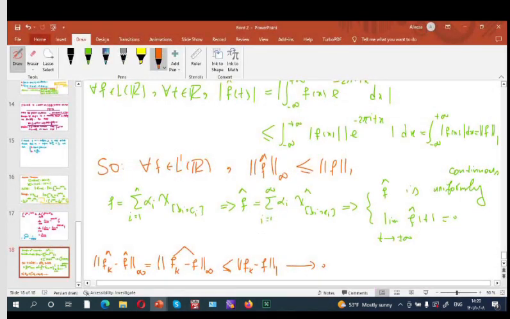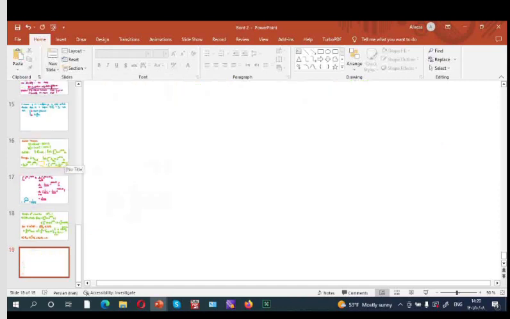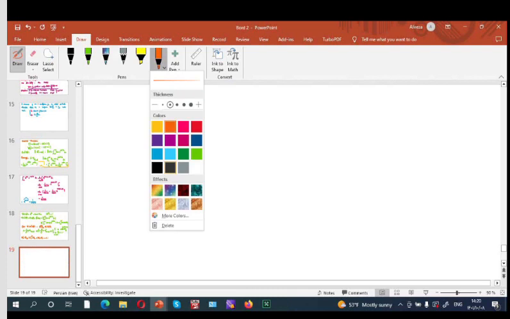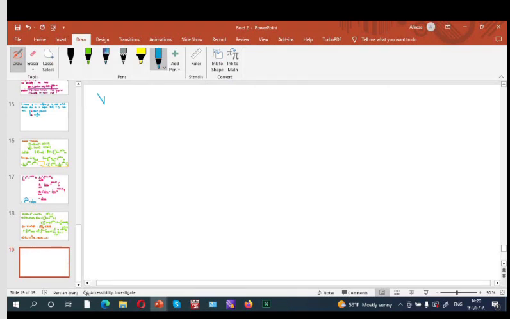Let me write this for you. For any k in natural numbers, this function is uniformly continuous and this sequence tends to this function uniformly.